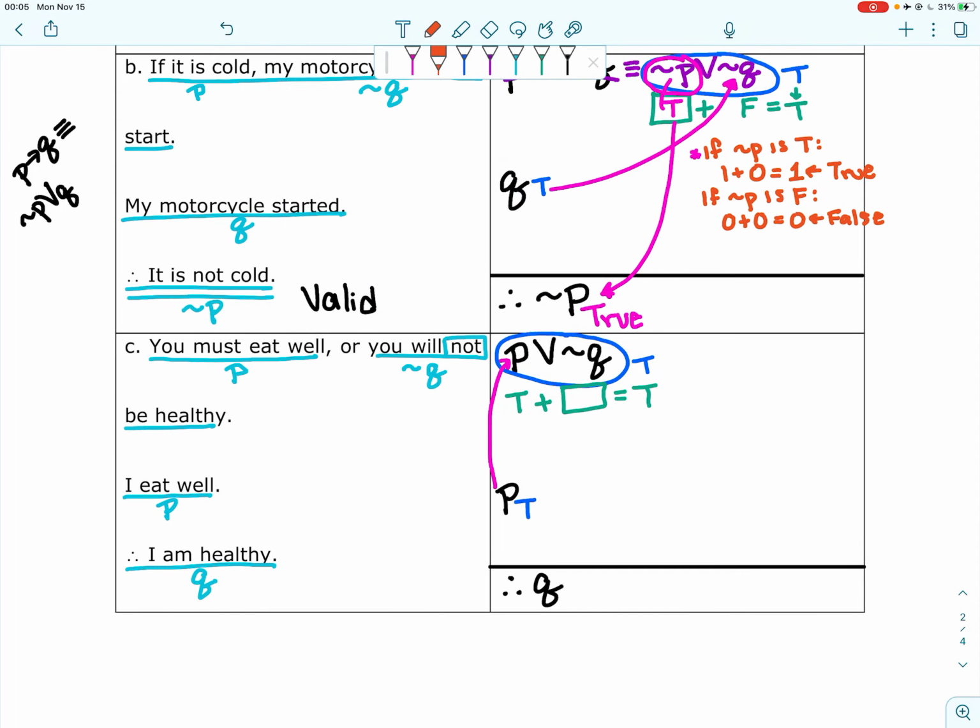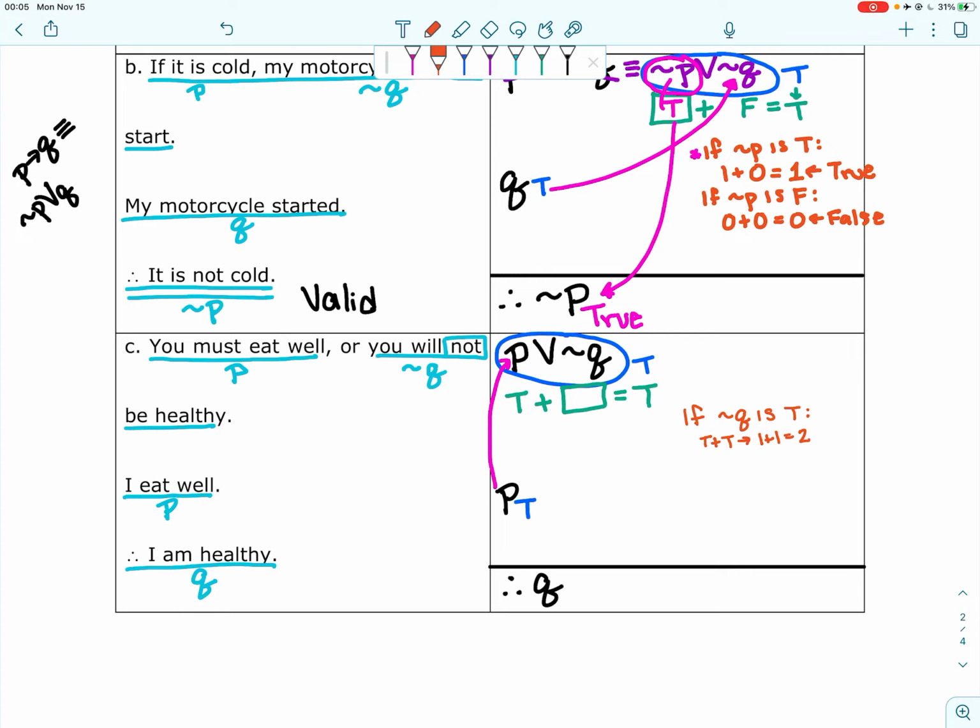Okay, I'm going to make this just a little bit thinner. So if not Q is true, what would this sentence look like? We would have true plus true, which would be 1 plus 1, which equals 2.